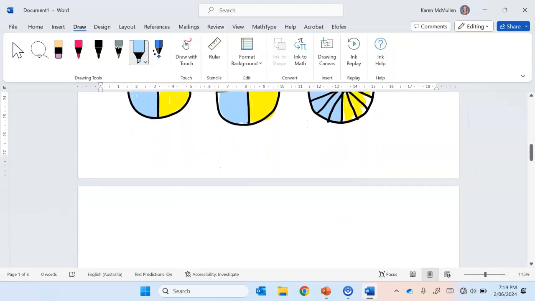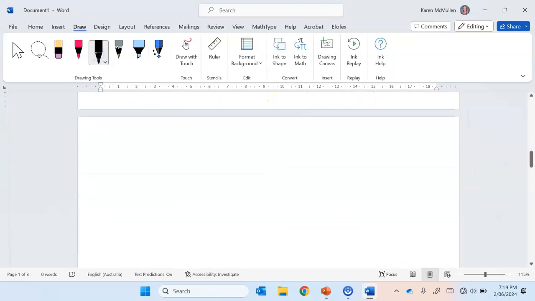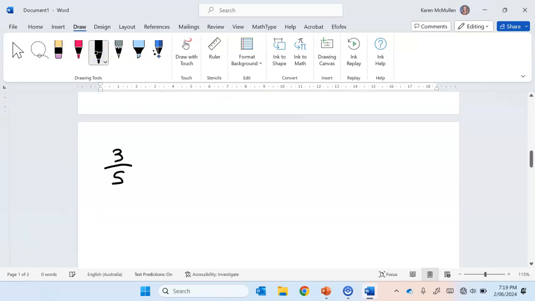Now, if we had a different fraction, a more complicated fraction than a half, so let's say we had 3/5. If we wanted to look at any equivalent fraction, we just have to change the numerator and the denominator. So if I wanted to, let's say hypothetically, times that by 2, whatever I do to the bottom, I have to do to the top. So 5 times 2 is 10, 3 times 2 is 6. So they're the same fraction.